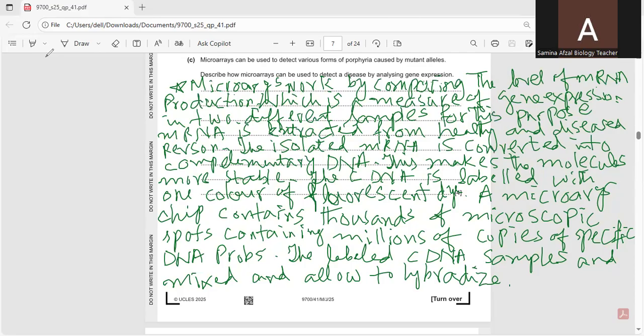In this way, the microarray detects the disease because mutant alleles or a disease state cause the expression of specific genes to be upregulated or downregulated compared to healthy cells. It may be visualized as a distinct red or green color. So the unhybridized DNA is washed away. So the gene was expressed more in the control healthy sample.